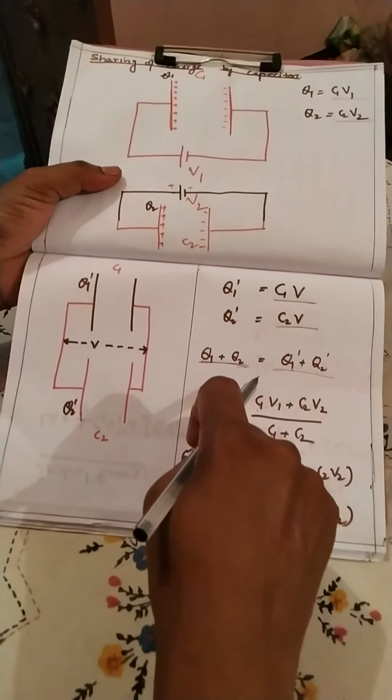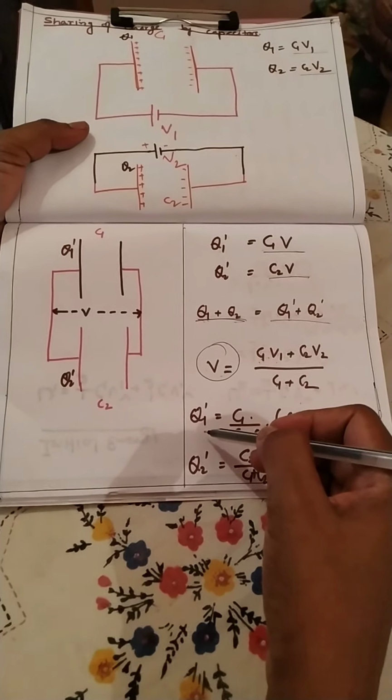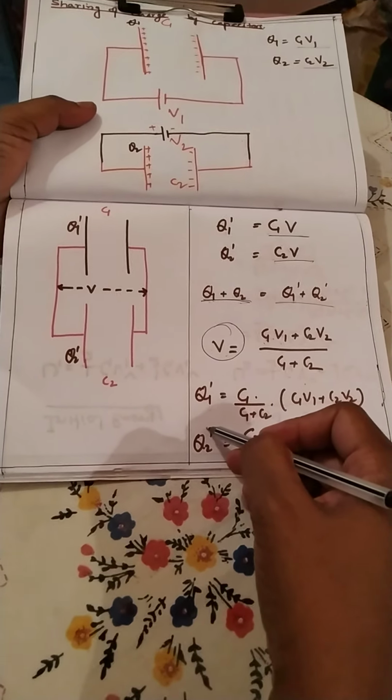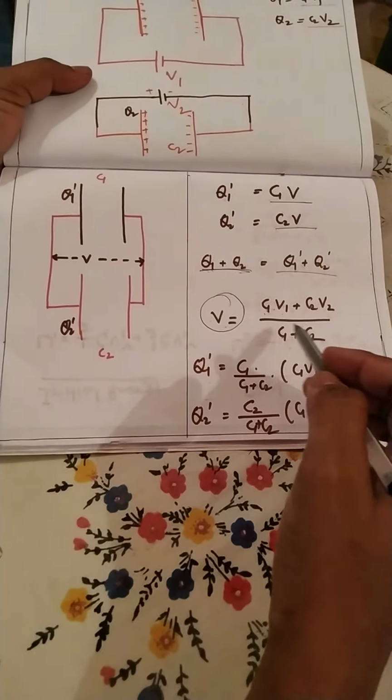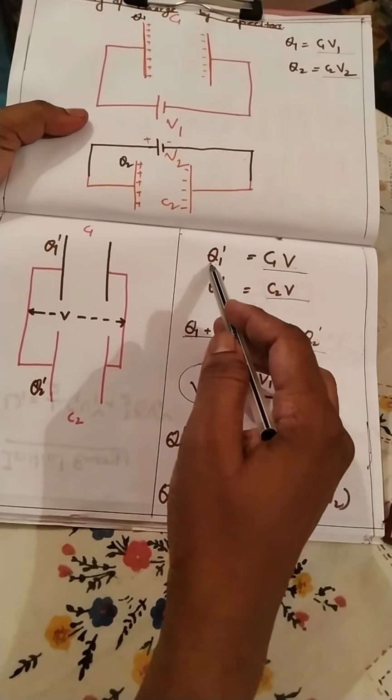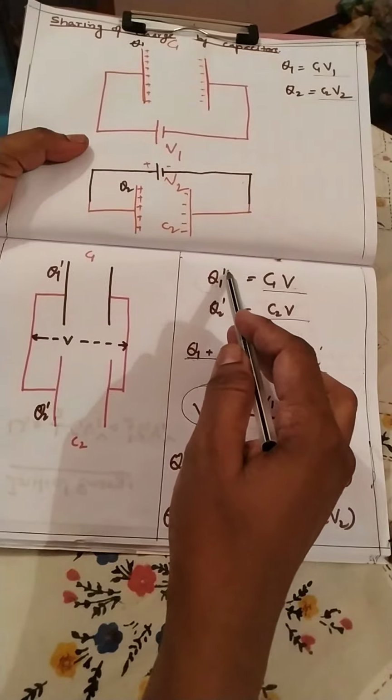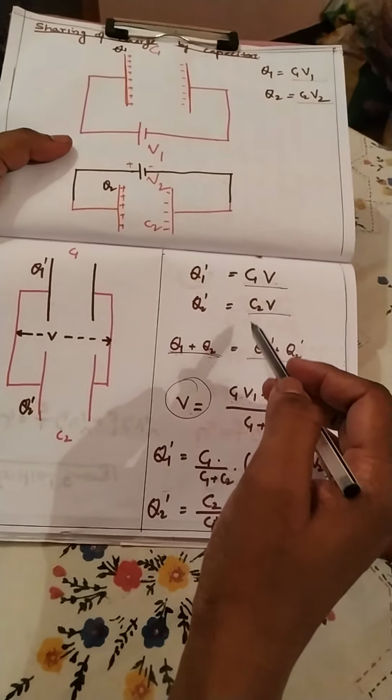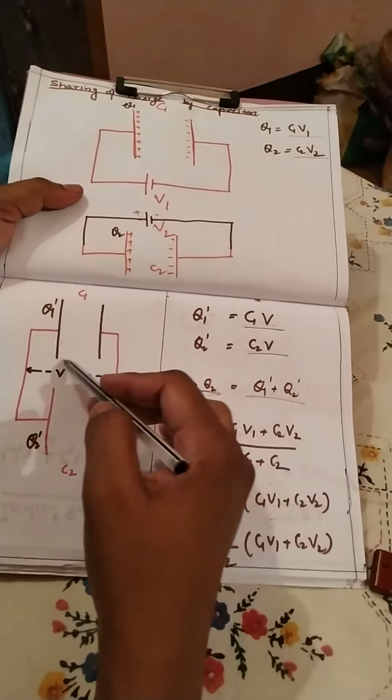Now, if V is the common potential, can we find Q1 dash, the new charge on the first capacitor? Just put the value of V here, and you can find the new charge accumulated in the first capacitor and the new charge accumulated in the second capacitor.